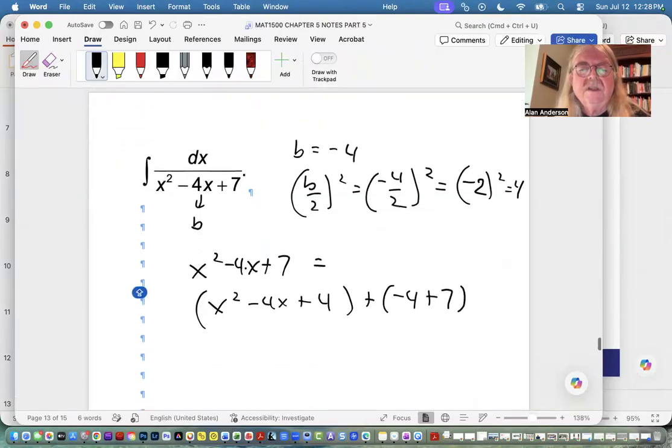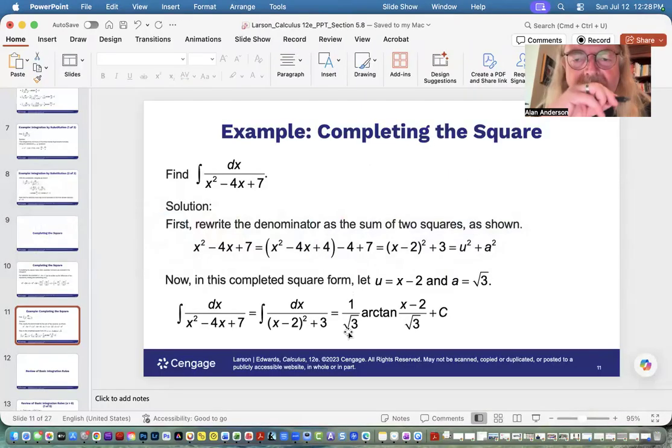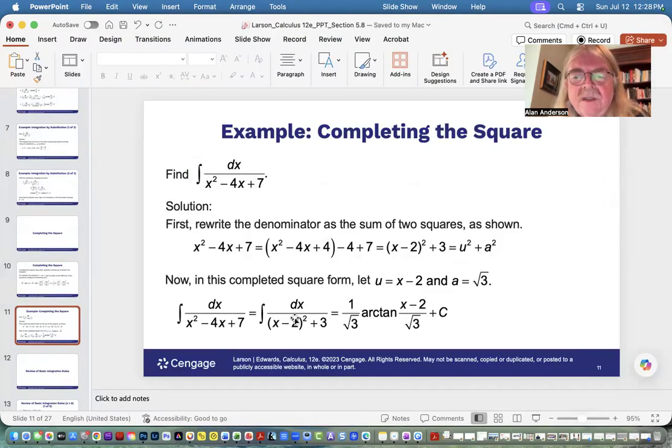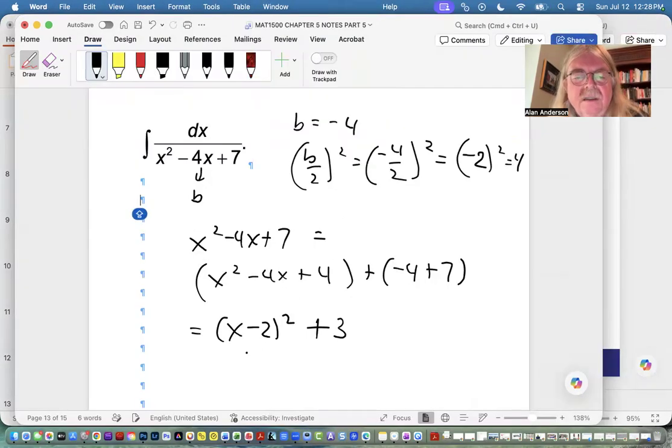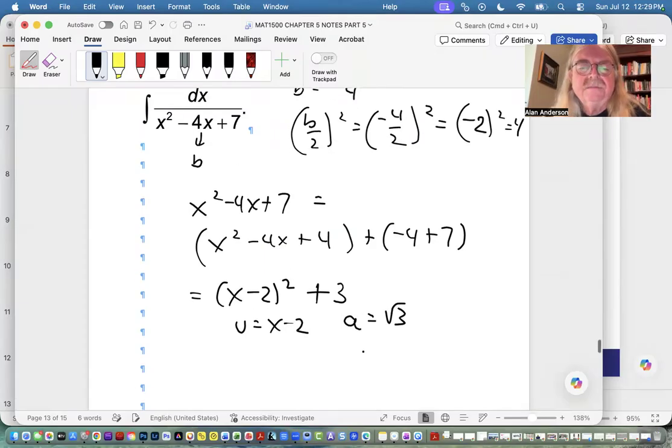All right. And so what that gets us is plus three. But see, the reason why they're doing this is because then suddenly u can be set equal to x minus 2, and a can be set equal to radical 3.